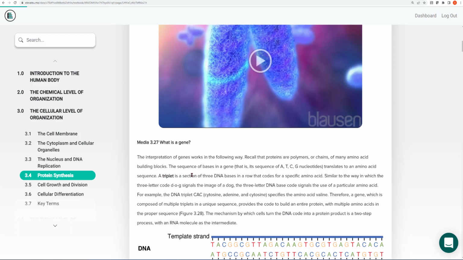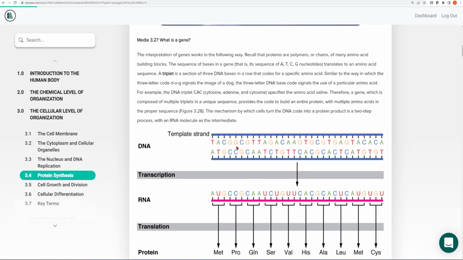So the whole basis of how DNA encodes the instructions to make proteins is based upon a 3-letter sequence called the triplet. So a triplet is simply 3 bases, A, C, T, and G. Let's take a look at this, and I'll show you some other examples at the end of our time today, and I think this will all make sense. It may not make sense yet, but it will as we finish up today.